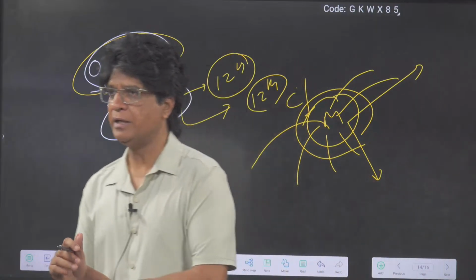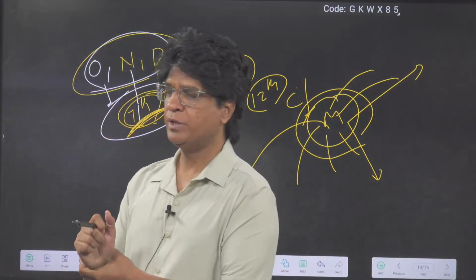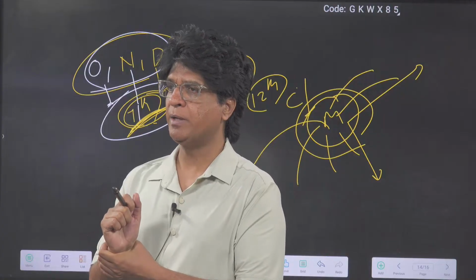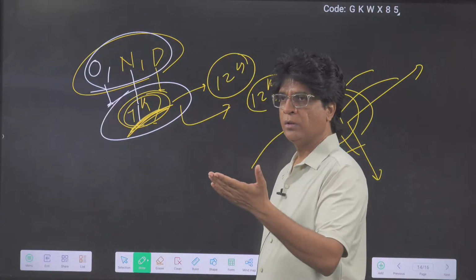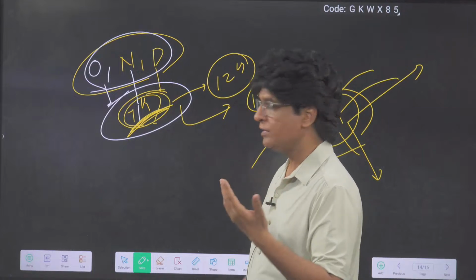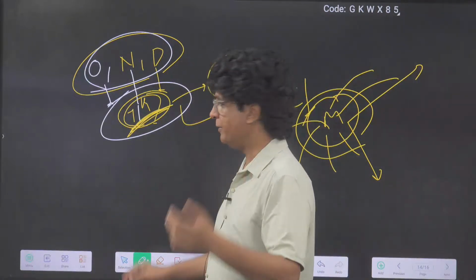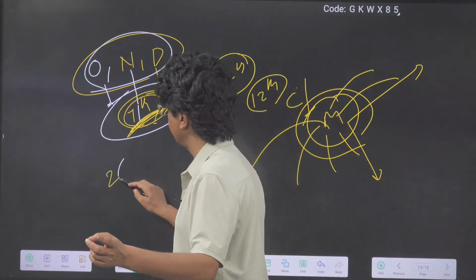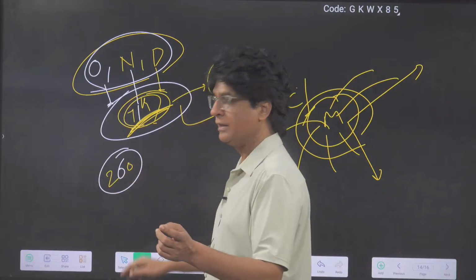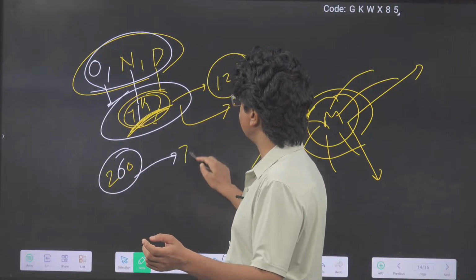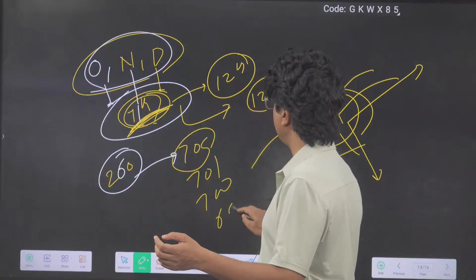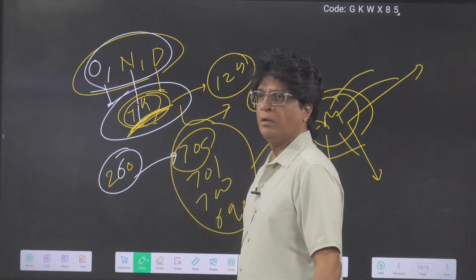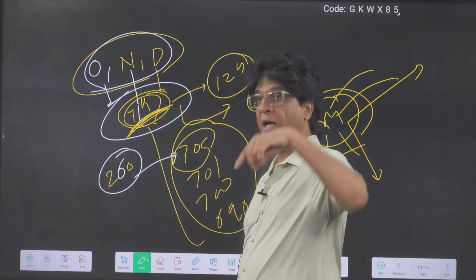Sir, in LT, has anyone increased from 350 to 600 marks? I have seen such cases. Last year someone scored 260 and ended up scoring 705, 701, 700, 690. This is the report I got for last year.